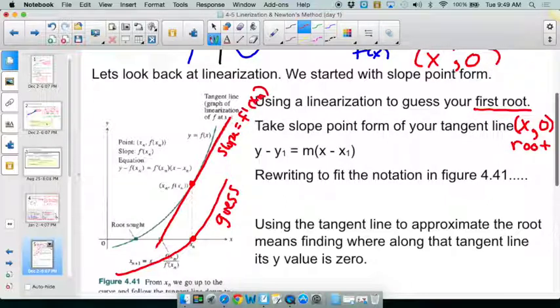So I can actually put that in for the slope value m. So this equation then looks like putting in this root. So this root is then a value of 0 and an x value of x.